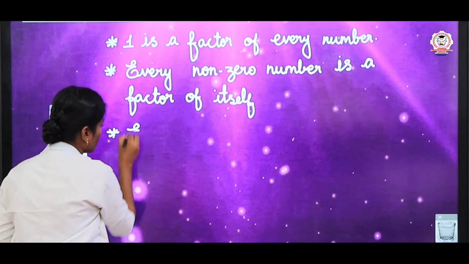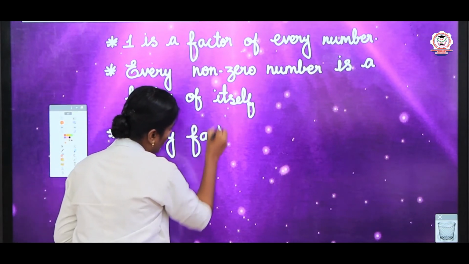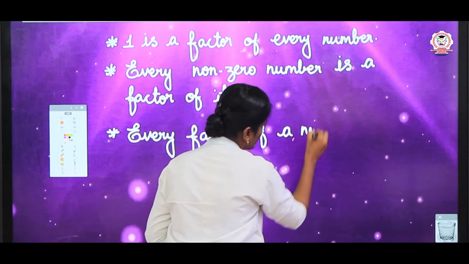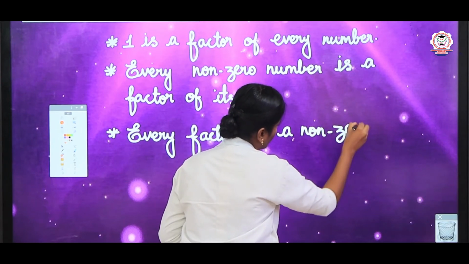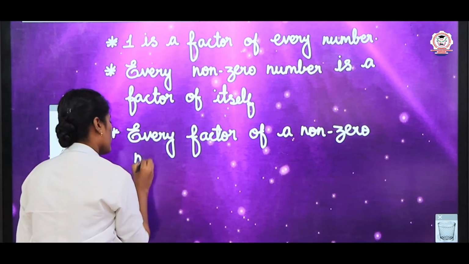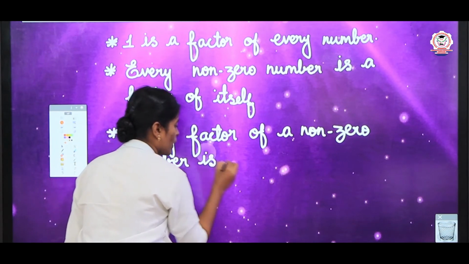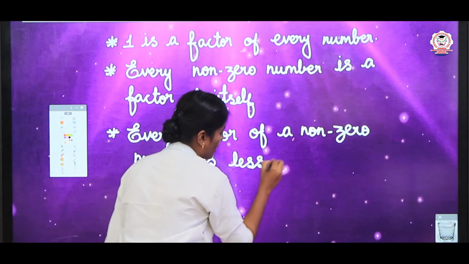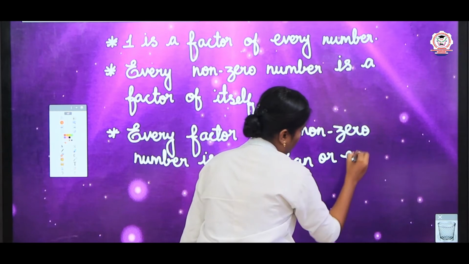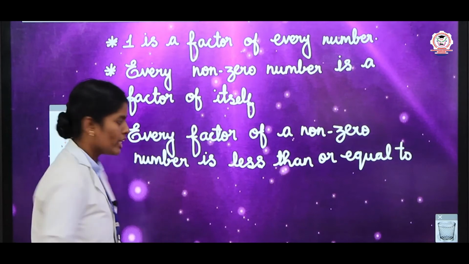So write here: every factor of a non-zero number is less than or equal to the number.